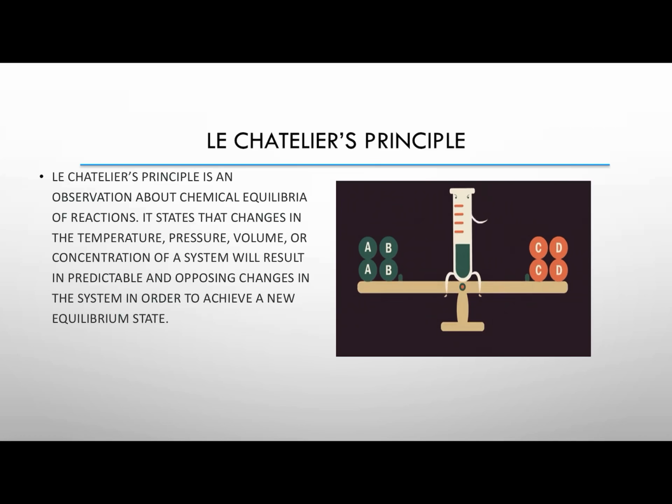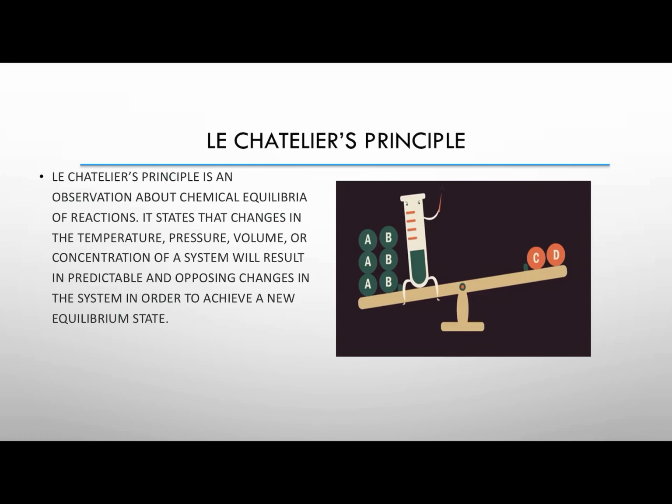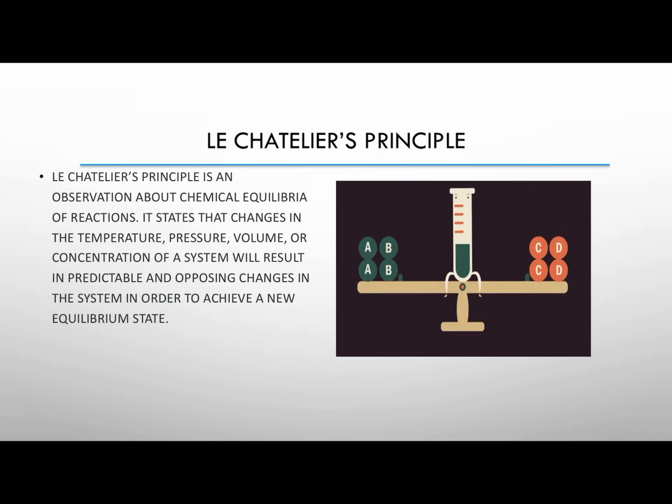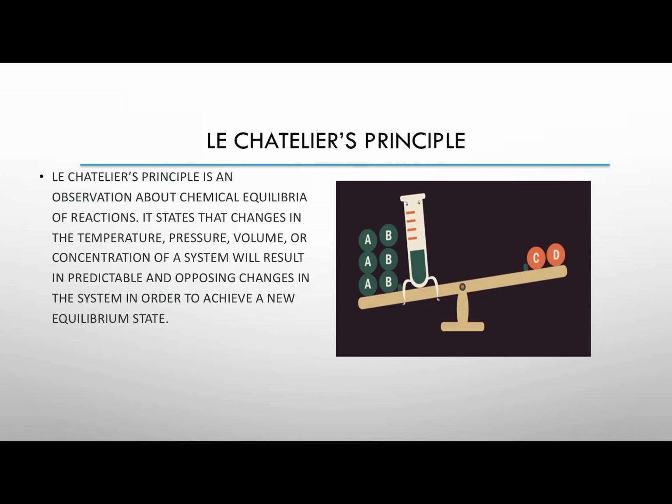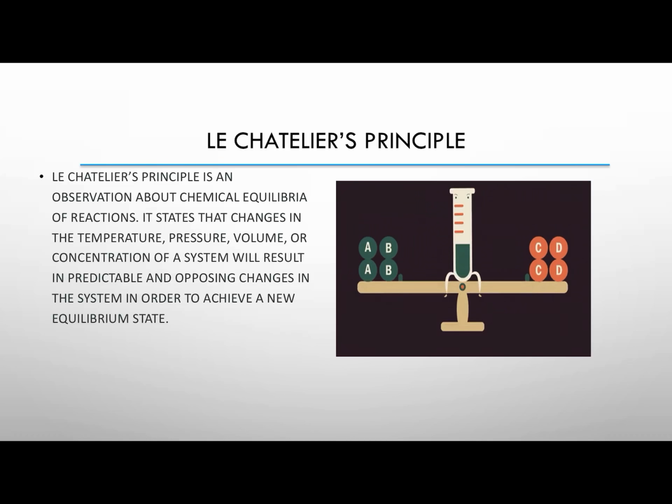Le Chatelier's principle is an observation about chemical equilibrium of the reaction. It states that changes in the temperature, pressure, volume or concentration of a system will result in predictable and opposing changes in the system in order to achieve a new equilibrium state.